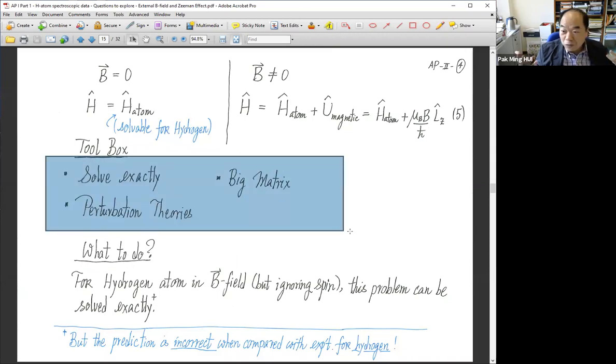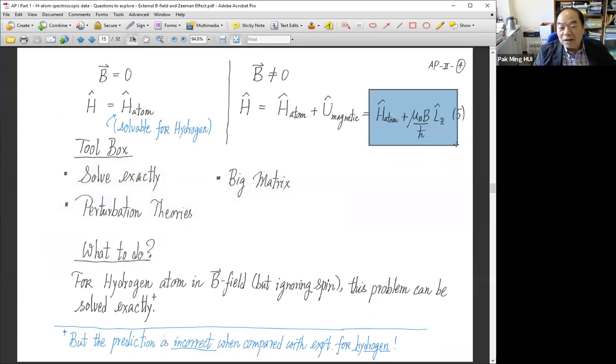and everything will give you the same answer, because even if you do first order perturbation theory, you get the exact answer. That's nice. The reason is that we can solve this new problem with an external field, ignoring spin, exactly, and without any effort.